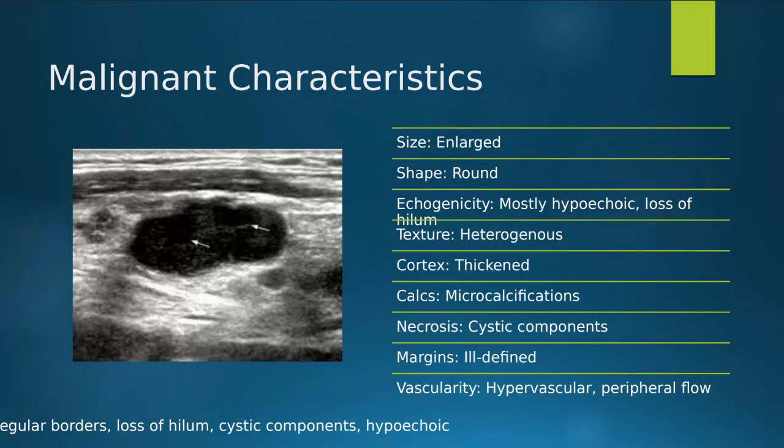We can even start to see normal healthy tissue dying and turning into cystic components, right? We don't want to see necrosis of a lymph node. Our margins are going to be ill-defined, and our vascularity is going to be abnormal. We're not having that normal blood flow into and out of the hilum, but now we're seeing peripheral flow around the outside of that lymph node, or it's super hypervascular and it's just lighting up like a Christmas tree. Those are all things that we don't want to see.